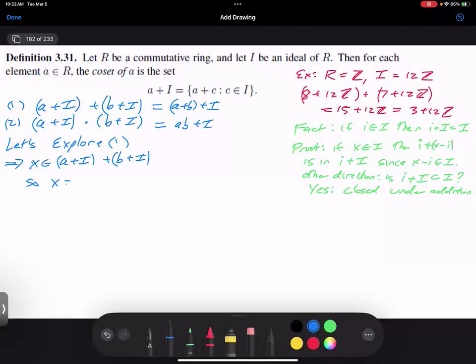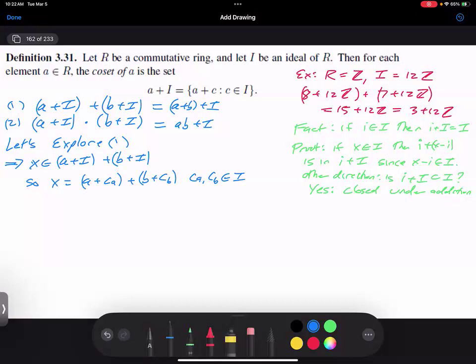So we can write x as a plus something in I. And I'm going to choose to write it as c_a + a + c_b + b, with c_a, c_b in I. There's lots of notations you could use. I could have used c1 and c2. I could have used c and c prime, c and c tilde.